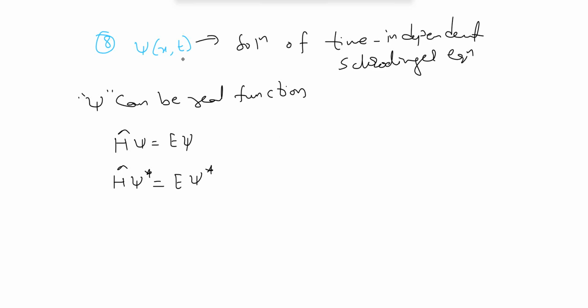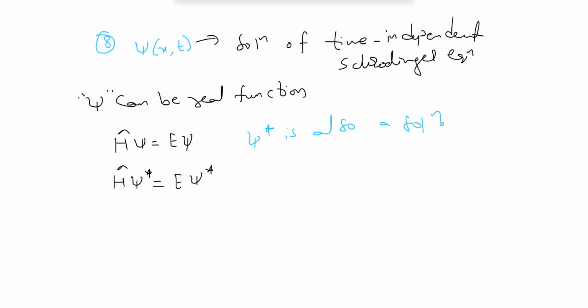Initially, we have seen psi is a solution to the time independent Schrodinger equation. Now, after conjugating, we also get this equation. So psi conjugate also satisfies the equation. Hence, psi conjugate is also a solution.